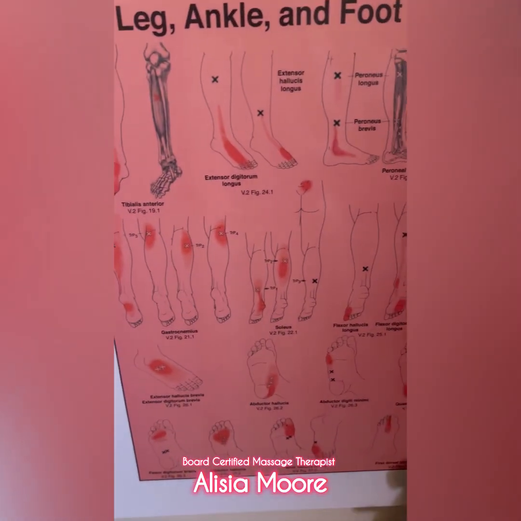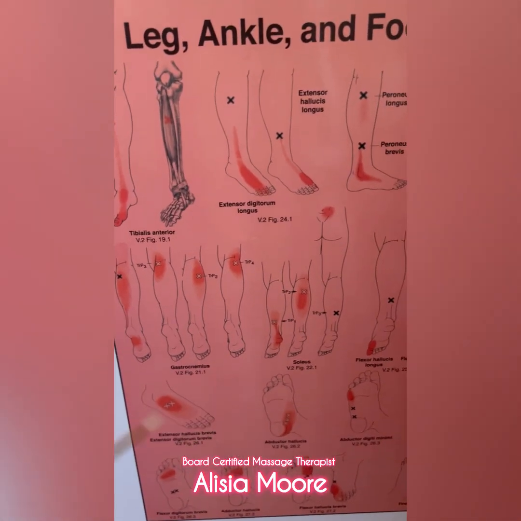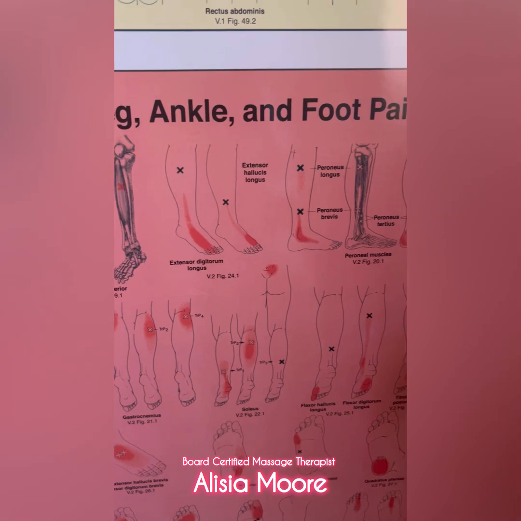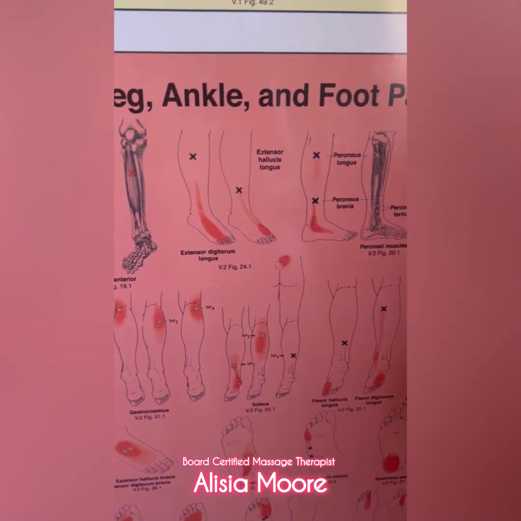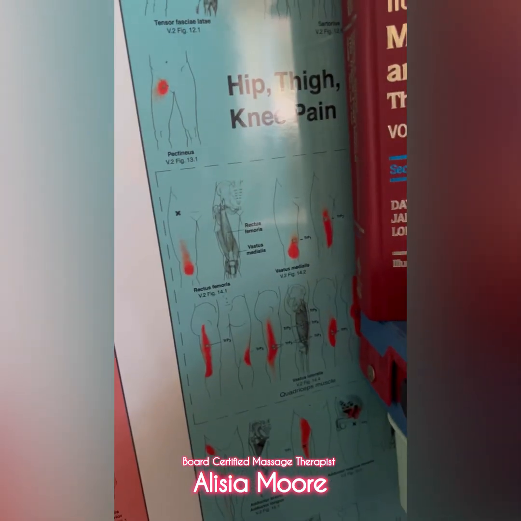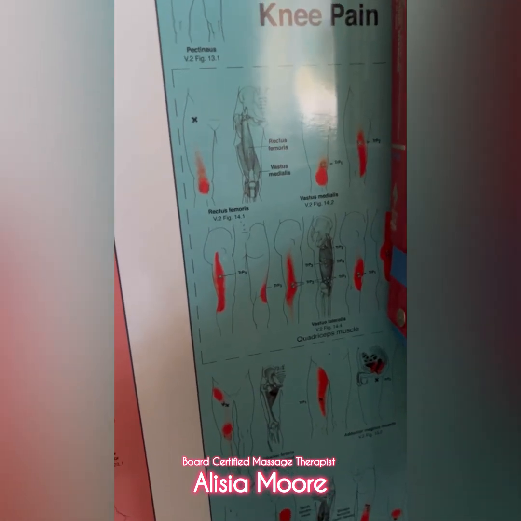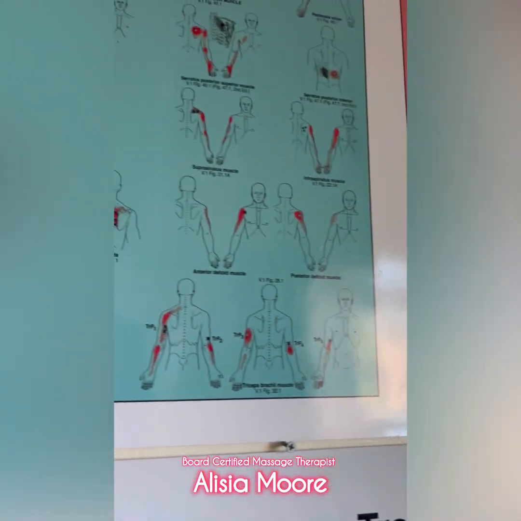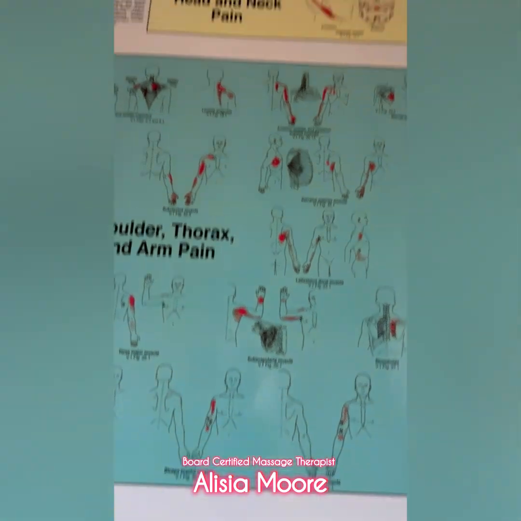I'm sure people have had Charlie horses, right? And plantar fasciitis. This is explaining a little bit of where to find the trigger points for plantar fasciitis. Also some stuff for the hips. Okay, and then even up top, the upper parts of the body.